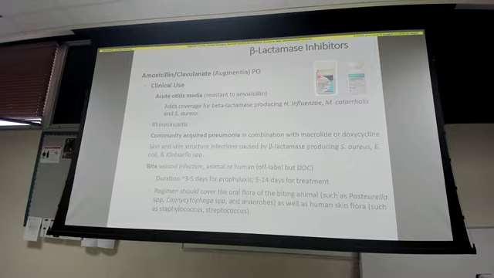Therefore, I added on my clavulanate, which is my beta-lactamase inhibitor, and I extended my spectrum. So that's where you see more of that beta-lactamase coverage, and now your drug can stay around for a longer period of time and kill it. It's more effective.